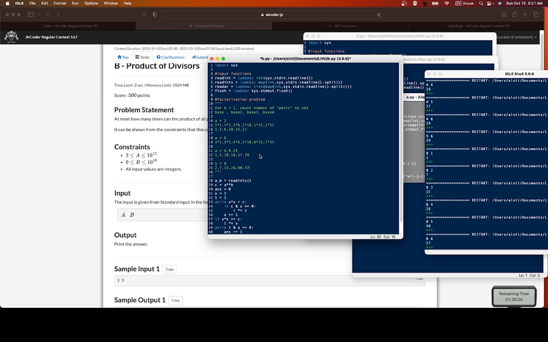Maybe it's... okay, you can't just go to each of the factors and count each one because there's several combinations of the factors you can take to multiply into an A factor.